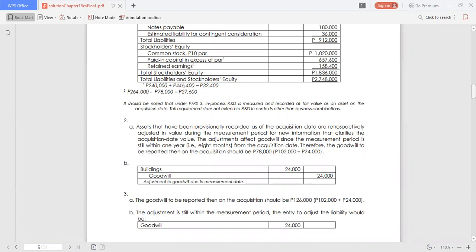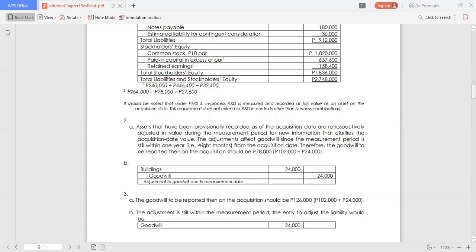So in number 2, assets that have been provisionally recorded as of the acquisition date are retrospectively adjusted in value during the measurement period for new information that clarifies the acquisition date value. The adjustments affect goodwill since the measurement period is still within 1 year, 8 months from the acquisition date.